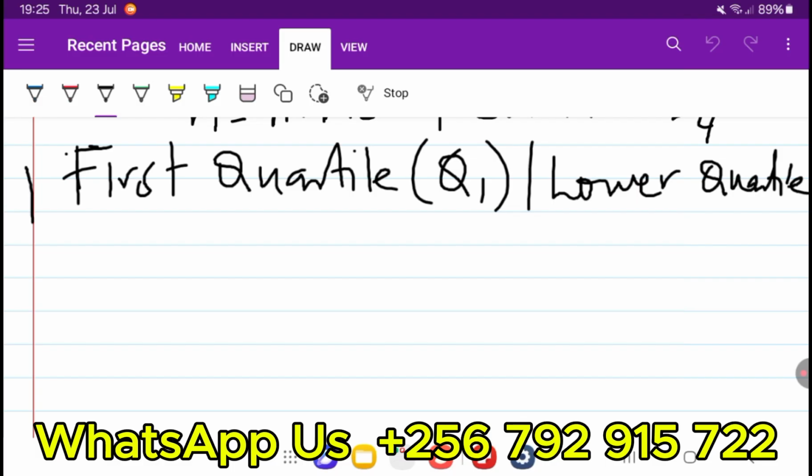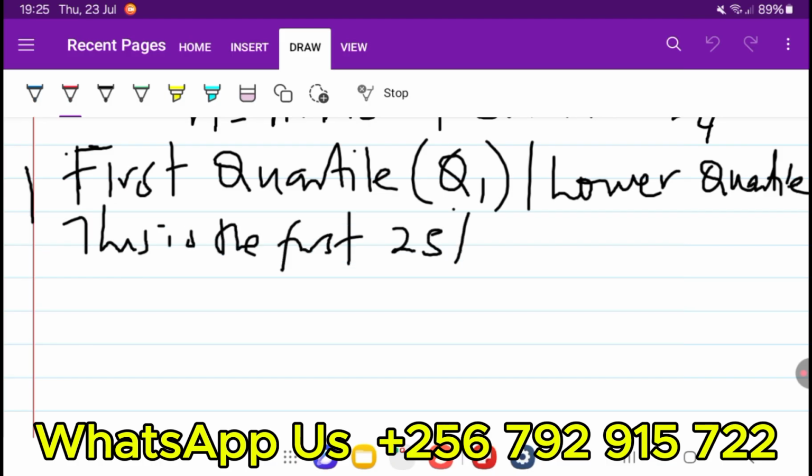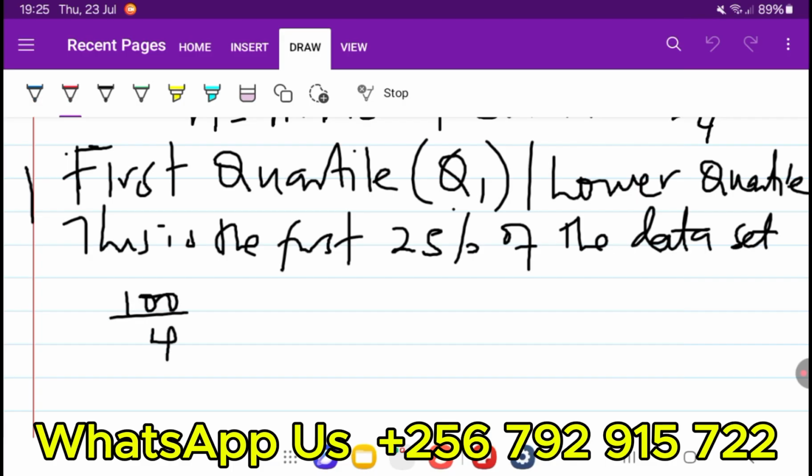Now, the first quartile, this is the first 25% of the data set. Because if you get 100 divided by 4, you will be getting 25, 25, 25, and then 25.